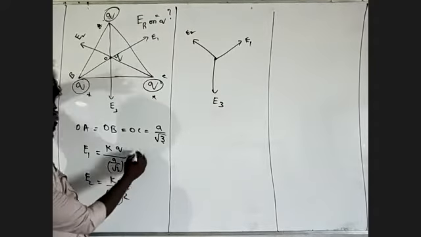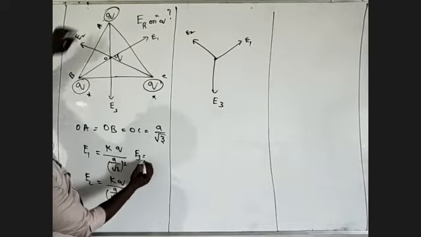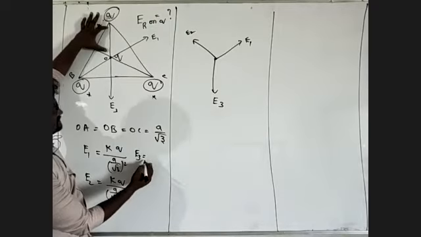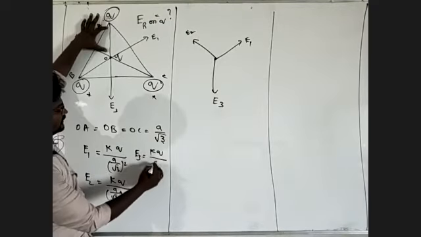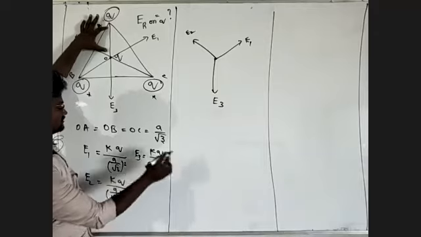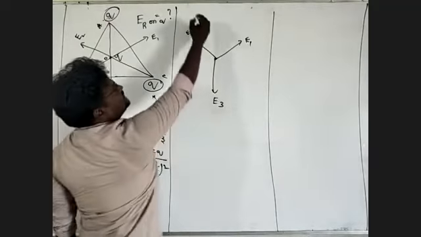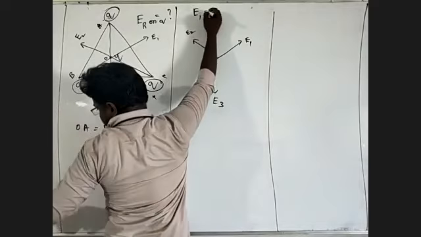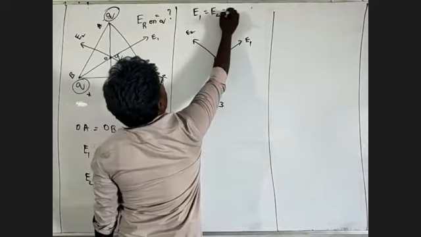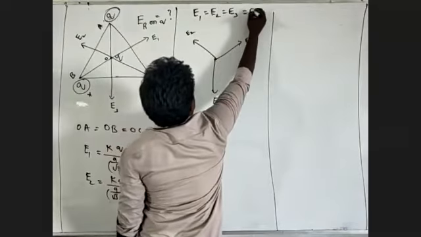This is E1. Next, E2: similarly, same charge, same distance, KQ by A by root 3 whole square. Now for E3 also the distance between two charges is the same, KQ by A by root 3 whole square. Now you will see E1, E2, E3 all are of the same magnitude. E1 is equal to E2 is equal to E3 is equal to E.